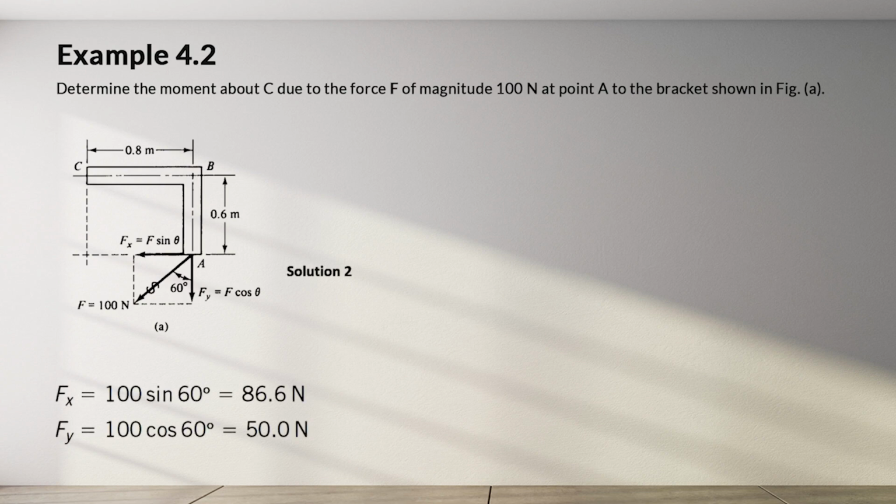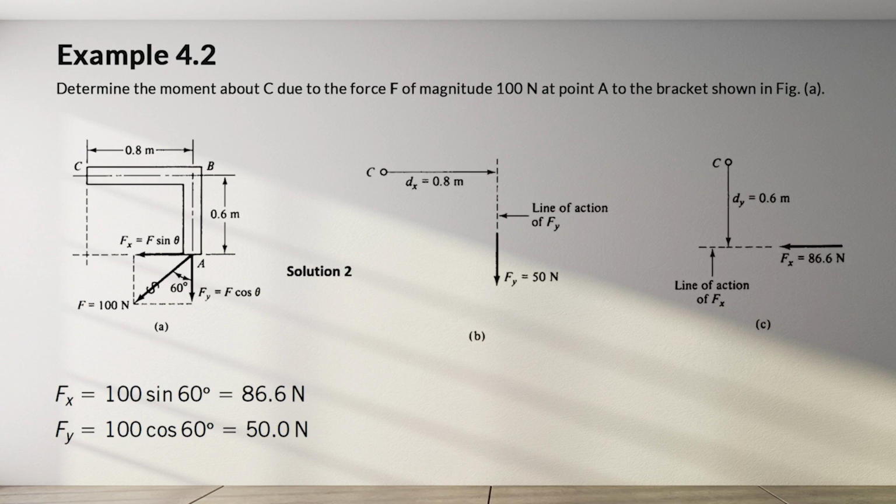For solution 2, we find the Fx and the Fy. Fx equals 100 sine of 60 degrees equals 86.6 newtons. Fy equals 100 cosine of 60 degrees equals 50 newtons. Now we have two different forces, and we can find the moment for these separate forces, the Fx and the Fy.